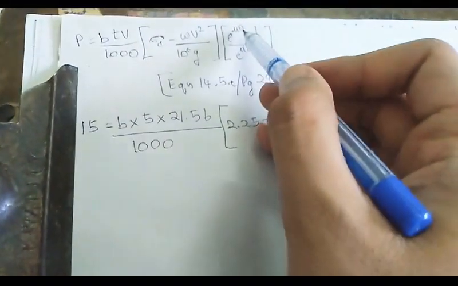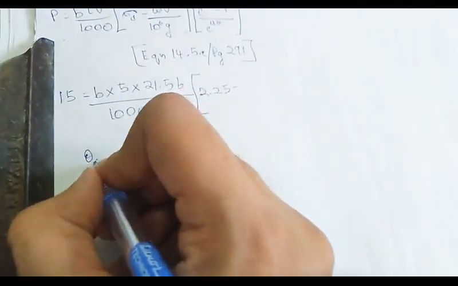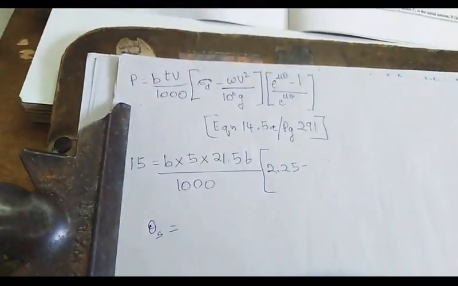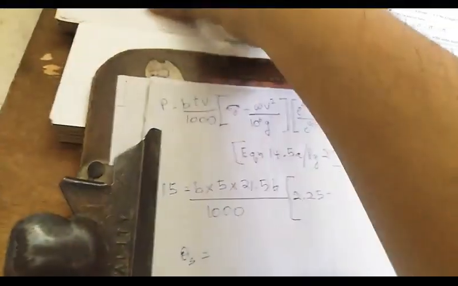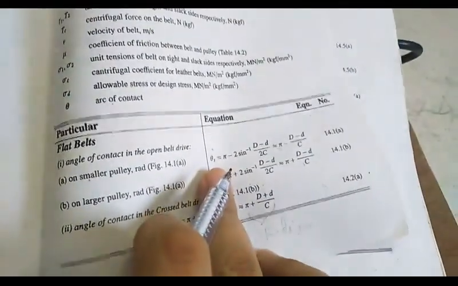So before proceeding, we have to find the value of theta. Here we shall find the value of theta s, because we have considered a smaller pulley as the driver, and from data handbook, the angle for smaller pulley, they have given theta s.